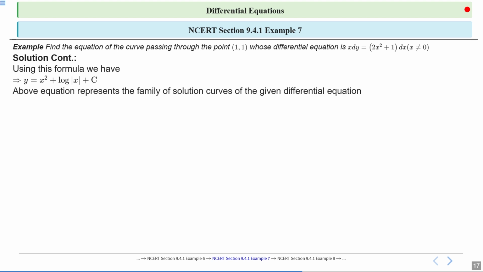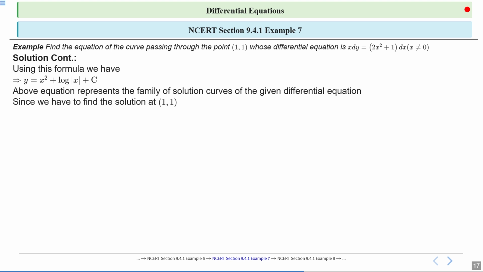And our equation represents the family of solution curves of the given differential equation. But we have to find the equation of the curve which passes through the point 1, 1.